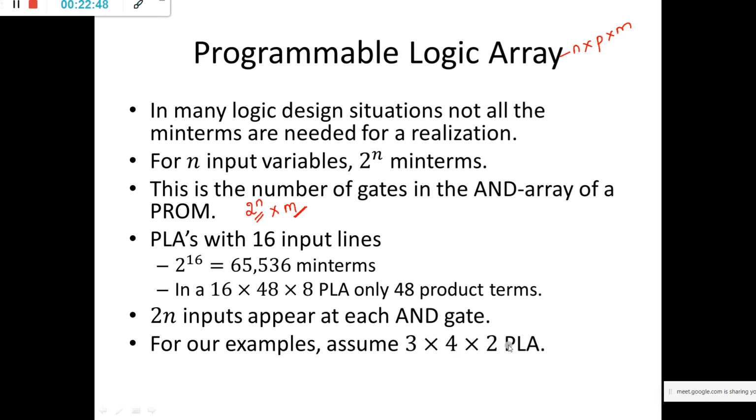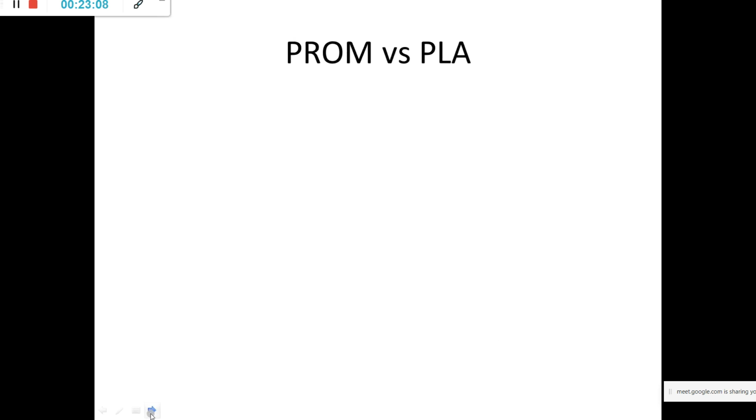PLAs are standard in size. 3 is the number of input lines, 4 is the number of product terms, 2 is the output lines. So standard sizes of PLAs are available, and only those standard sizes we can use.